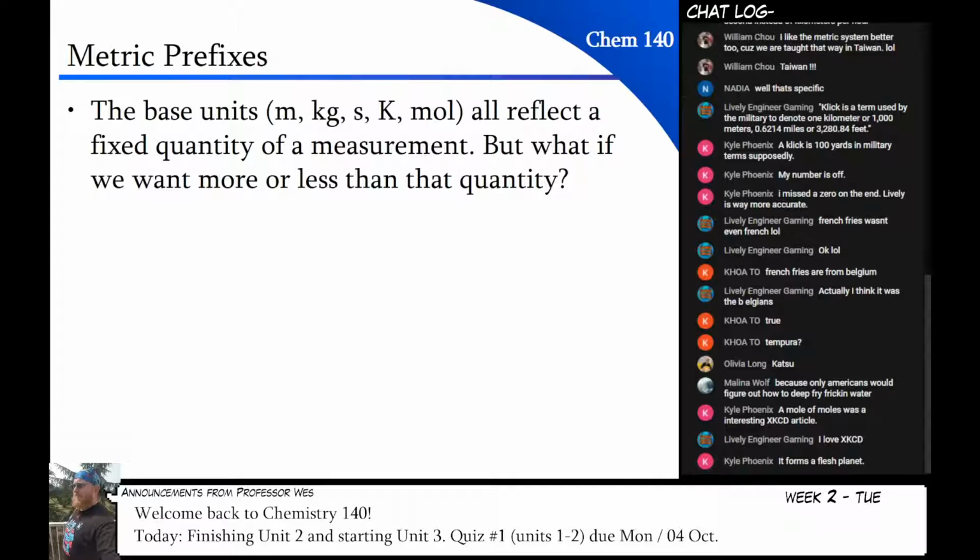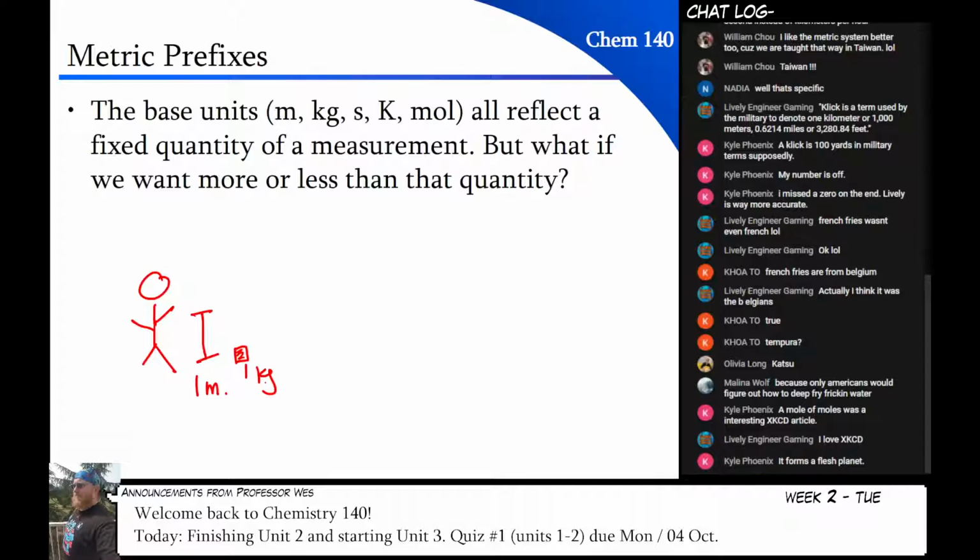Now, as we use these units, these all represent a fixed quantity of stuff. So for example, if this is me, then a meter would be about this long. And a kilogram of stuff would be about something this sized, right?